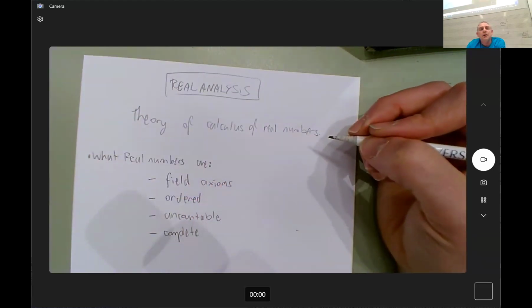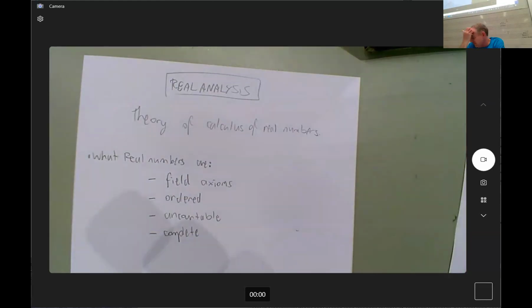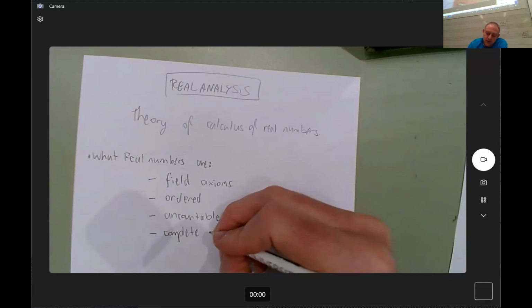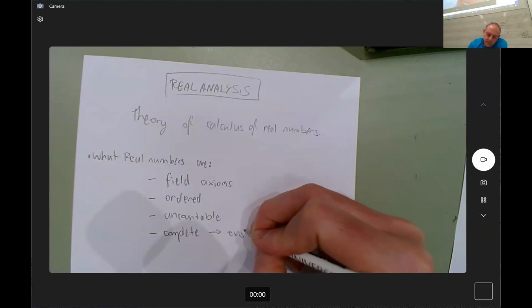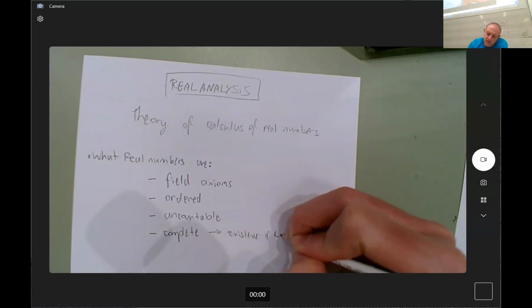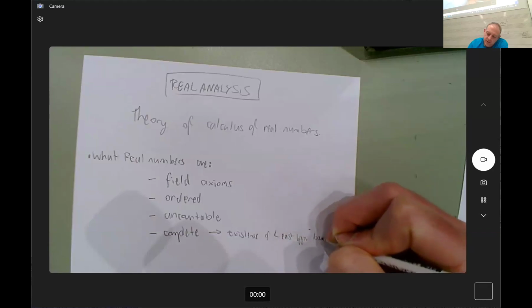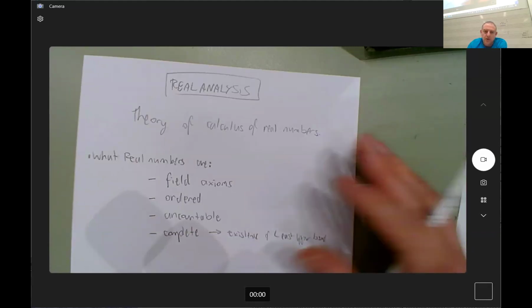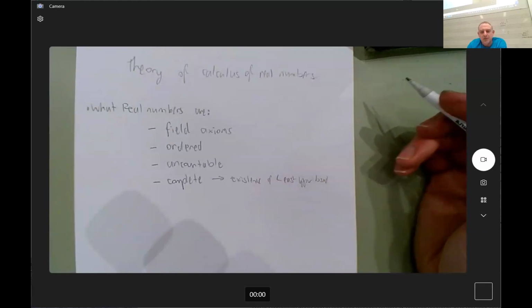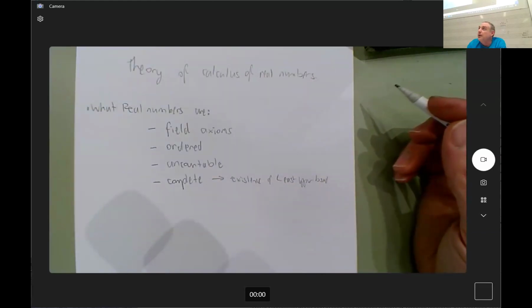Okay. And the definition of complete was what? The existence of least upper bound. And once you're at that point, you had to talk about least upper bounds, i.e. suprema.